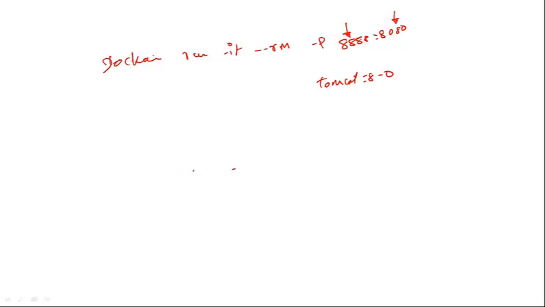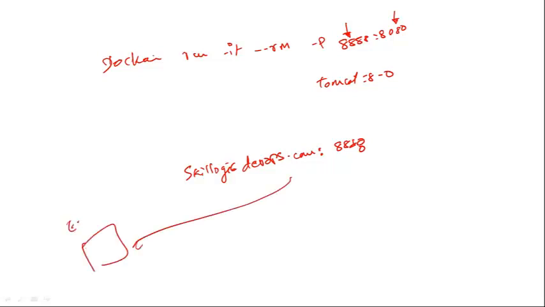So what is the domain name you're using? You're using Skillogic DevOps. That's a fully qualified domain name, .com, and then colon 8888. This will hit our EC2 instance, the host machine. This request will be given to the EC2 host machine.